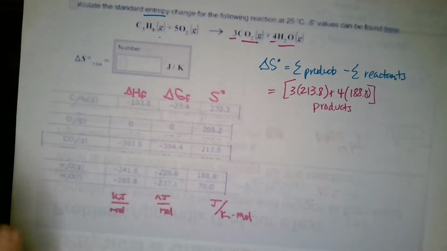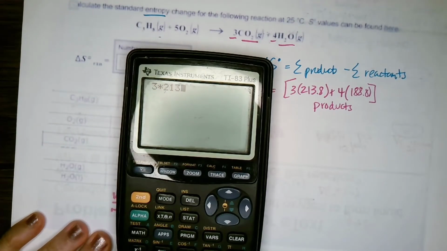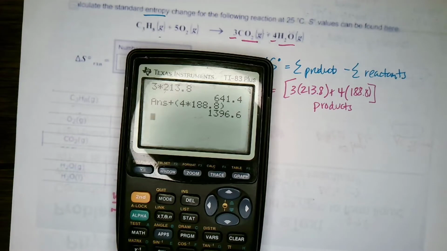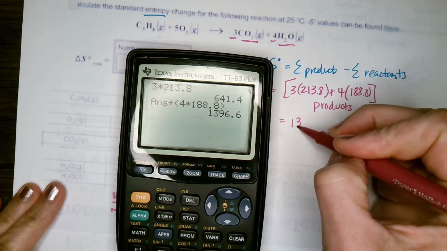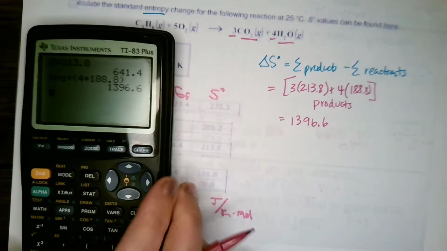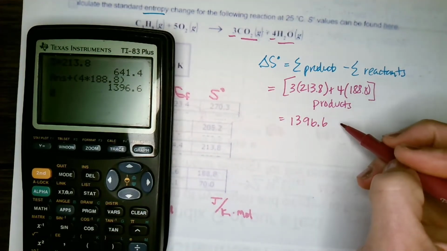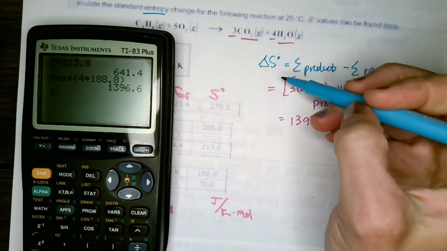And we don't have much room over here. So let's find our products first, and then we will find our reactants, and then we will put it all together. So let's do 3 times 213.8, and let's add 4 times 188.8. So we have a products total of 1396.6. Okay, this is my products.